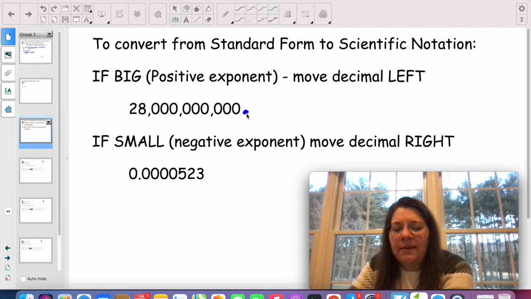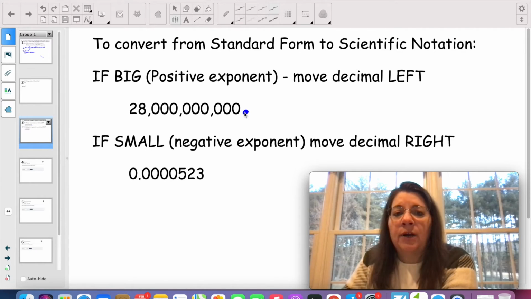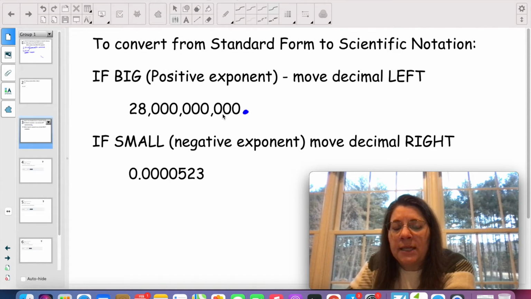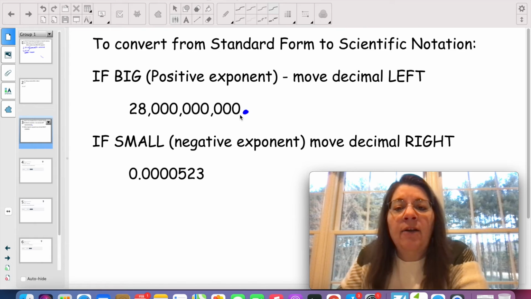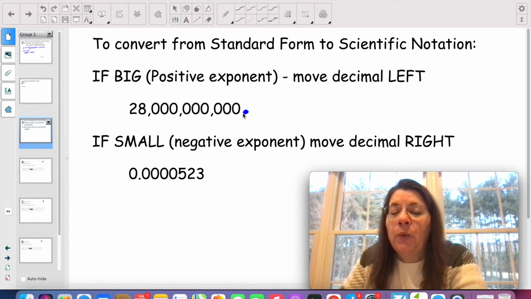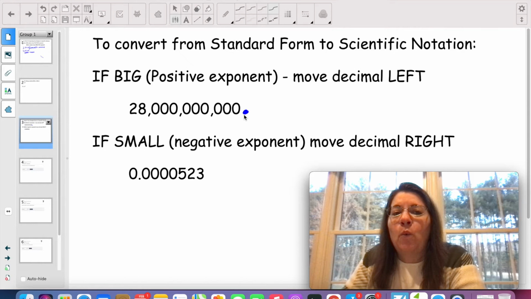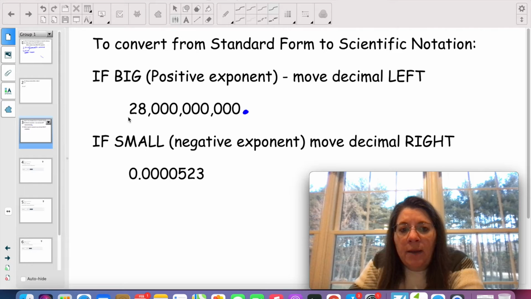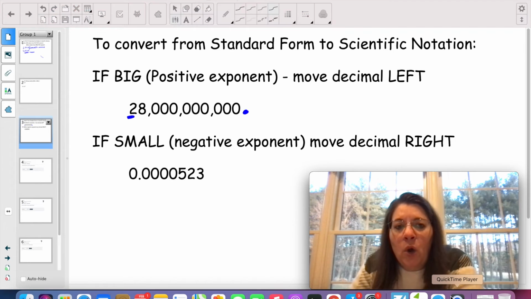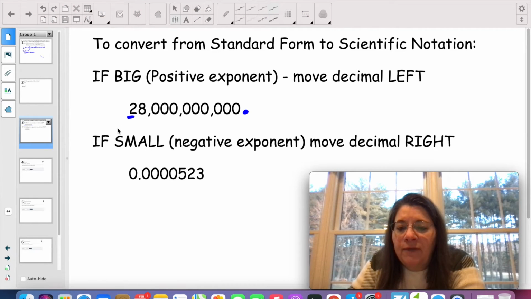Then we need to move this decimal and count how many times we're moving it until our new number is between 1 and 9.99. In other words, there's only going to be one number to the left of the decimal. So we want this 2 to be the only number to the left of the decimal.